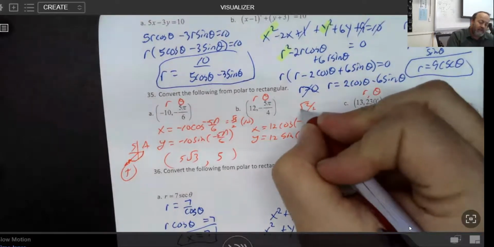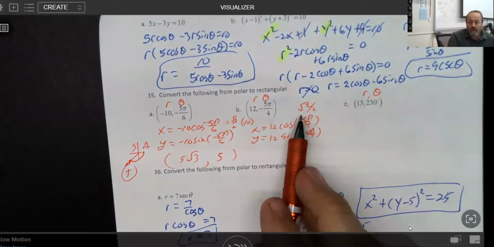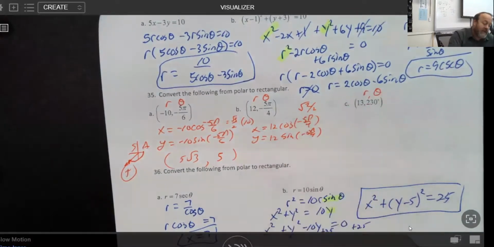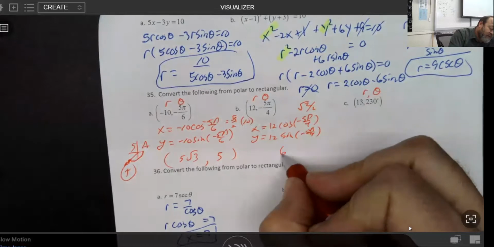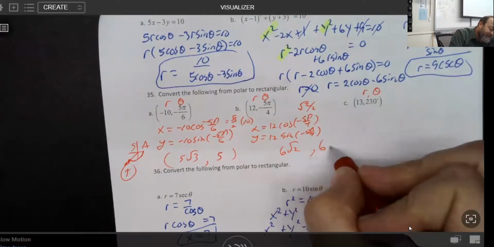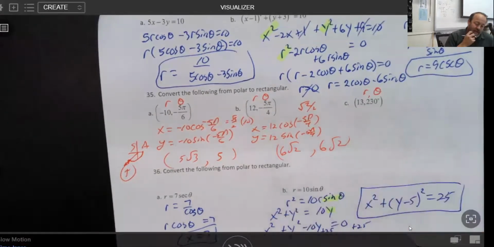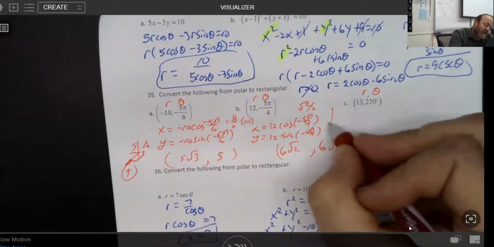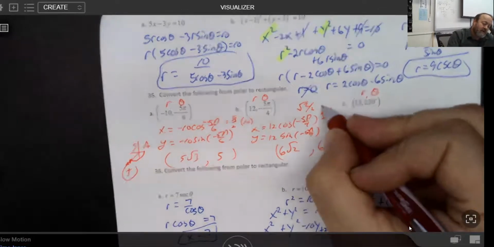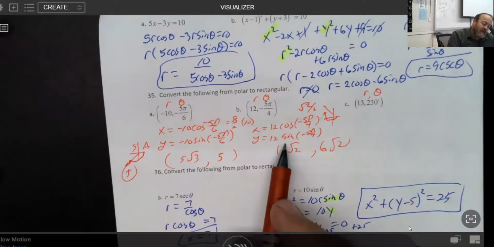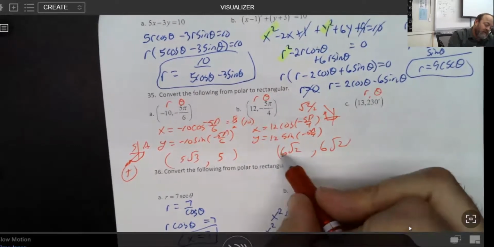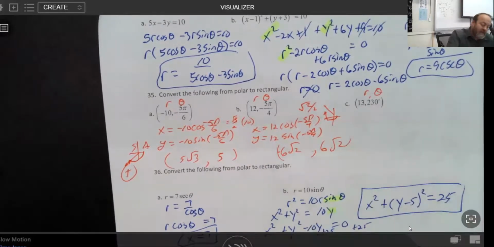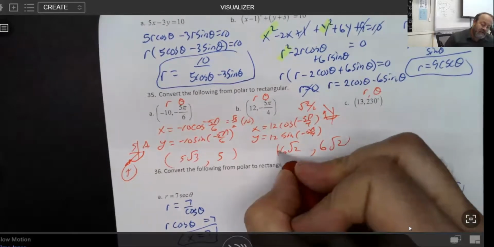So if we were to multiply 12 by root 2 over 2, you get 6 roots of 2. That's pretty easy. So both of these guys are 6 roots of 2. And last but not least, negative 5 pi over 4 is actually in the second quadrant where the sine is positive, but the cosine is negative. That's a pretty small negative sign, but it is there.